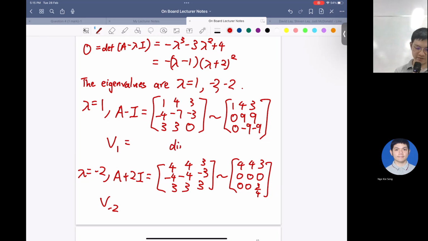What's the dimension of the eigenspace, the dimension of the null space of A minus I?